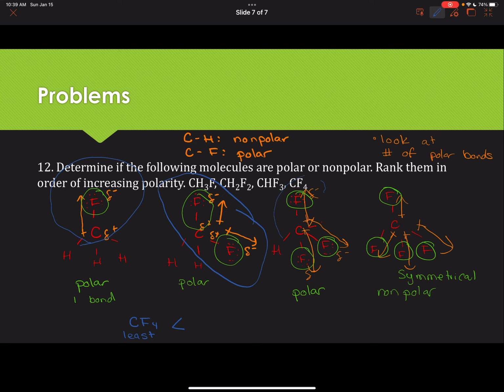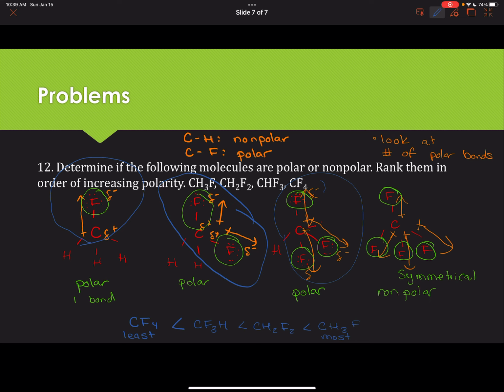Here it's being spread out across three corners. And so as they spread out more, it becomes less polar. So my CF3H is my next in polarity, my CH2F2, and then my CH3F will be my most polar.